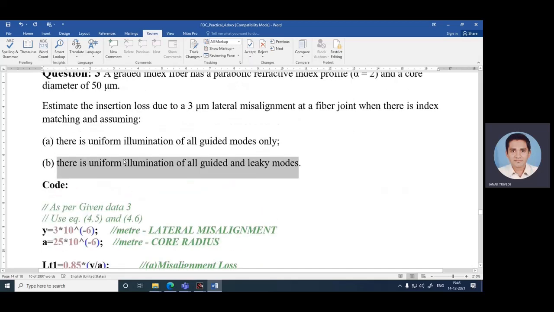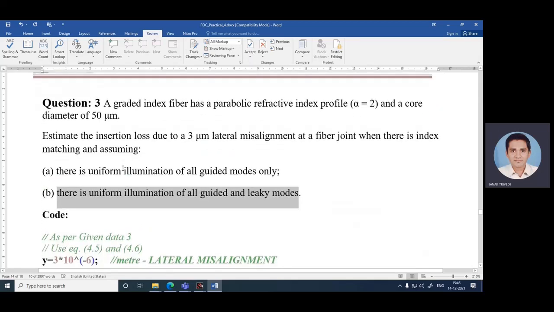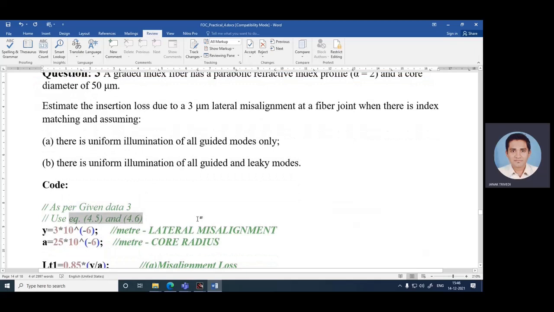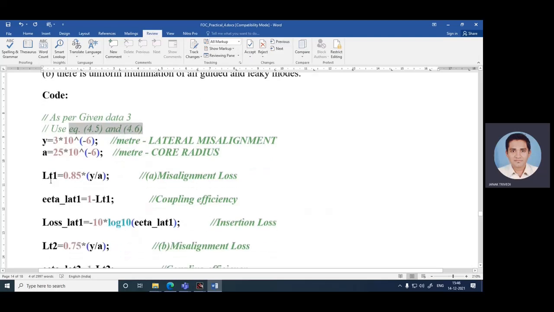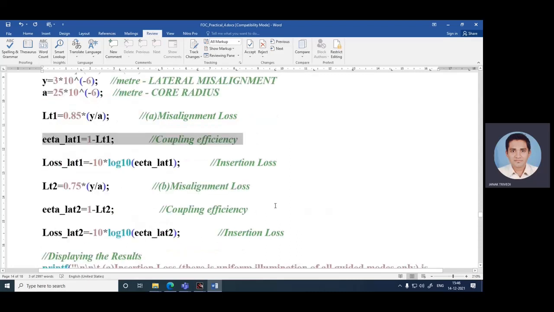For this example we have to use equations 4.5 and 4.6 that were discussed earlier in this document. The given data: y is equal to 3 into 10 to the minus 6 meter lateral misalignment, and a is equal to 25 into 10 to the minus 6 meter, the core radius. L suffix T is equal to 0.85 into y divided by a, the misalignment loss, and eta suffix LT, the coupling efficiency, is 1 minus LT.